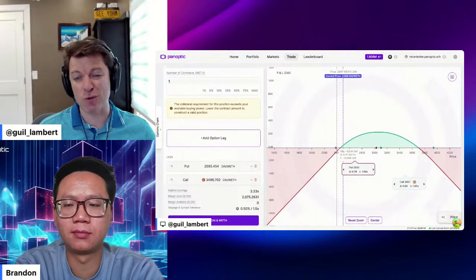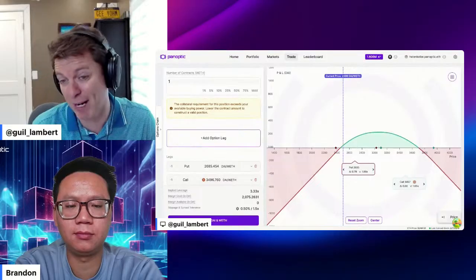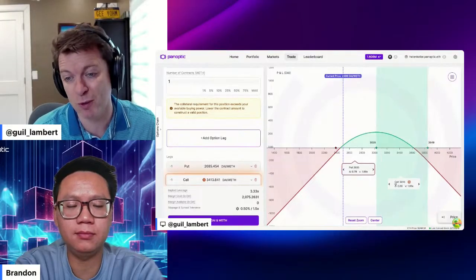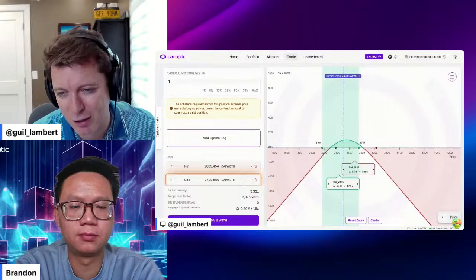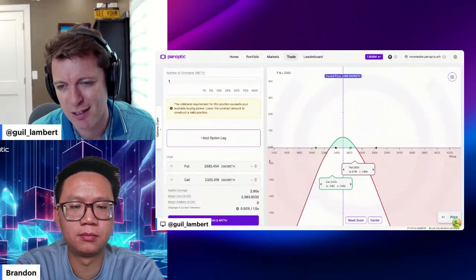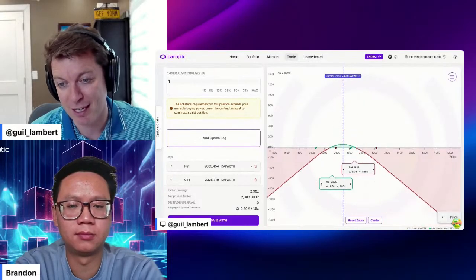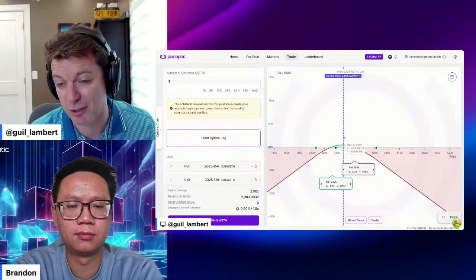What I mean by that is that currently you're 80% exposed to the price of ETH, which might not be what you want. What you can do is bring that call so that we make that payoff as flat as possible. That is now creating a flat payoff, and the delta is now 0.